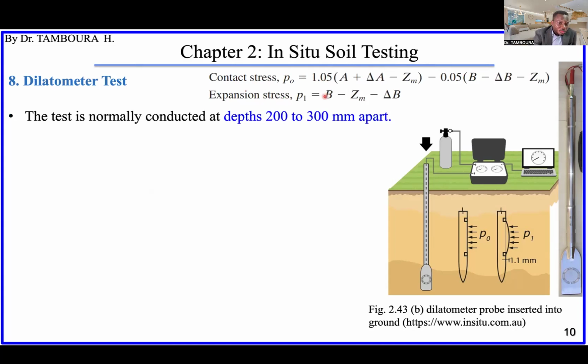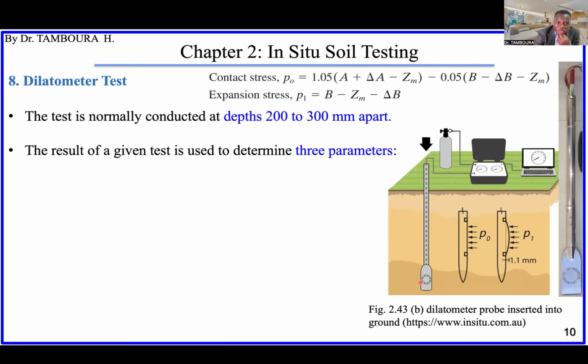And normally you conduct this test with depths apart of 200 to 300 millimeter. It means you measure at this position, then you go deeper, let's say 20 to 30 centimeters, and you measure again.